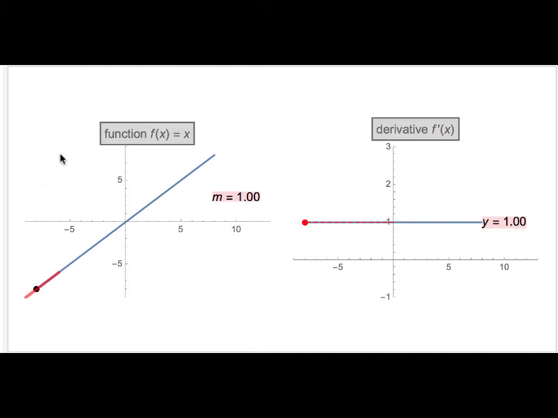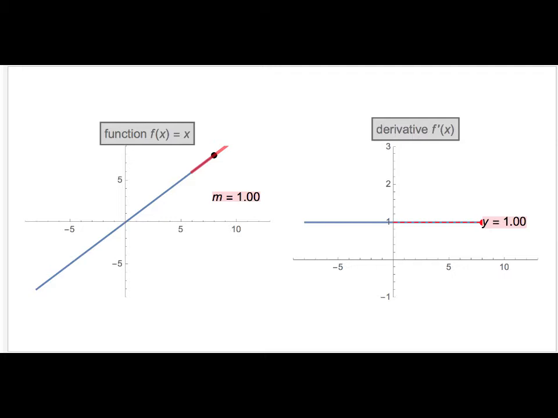Now this time my function is linear, f of x equals x, and I'm going to trace a few of these points along it. And as I'm tracing my function value, my derivative is constant.